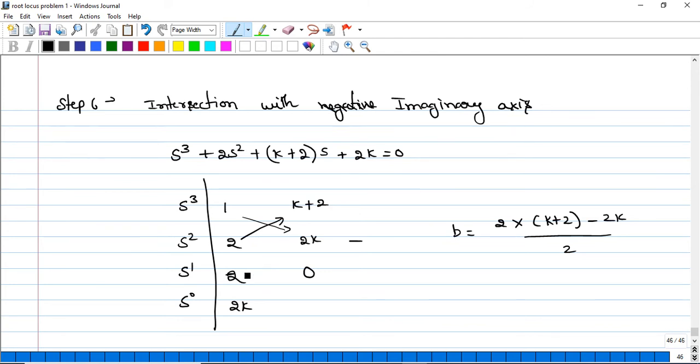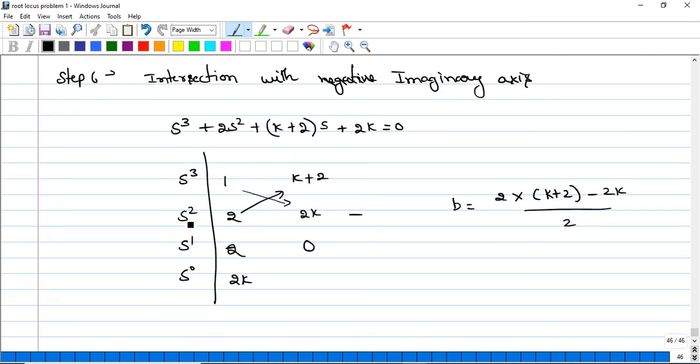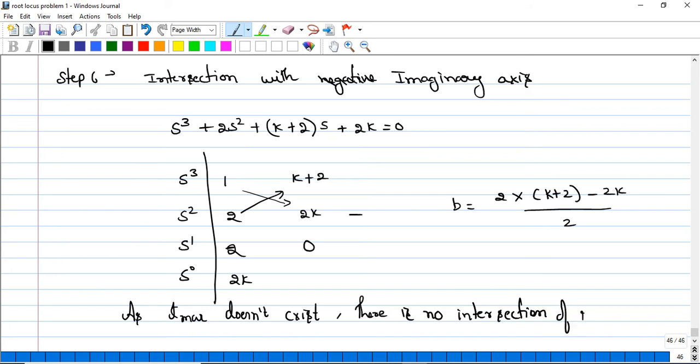So we can conclude that k marginal does not exist, there is no intersection of root locus with the imaginary axis.